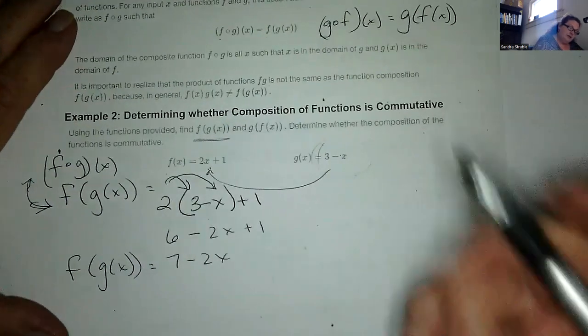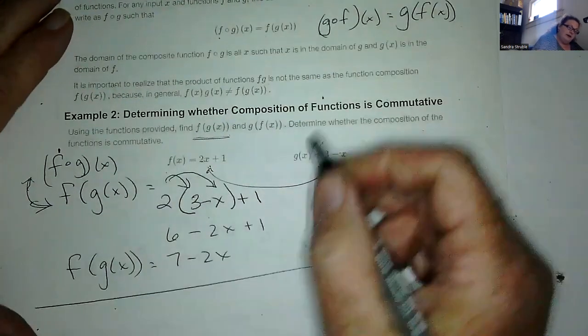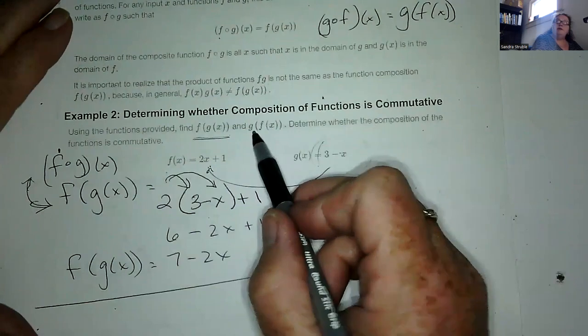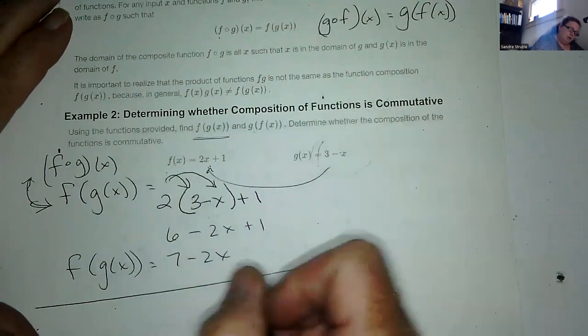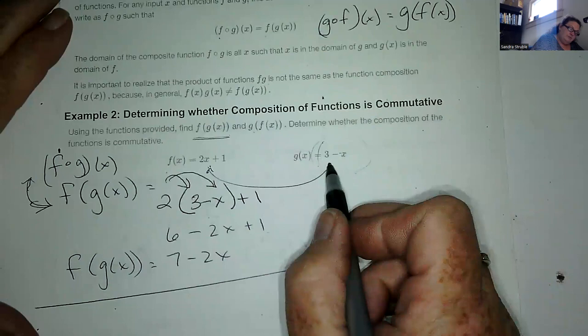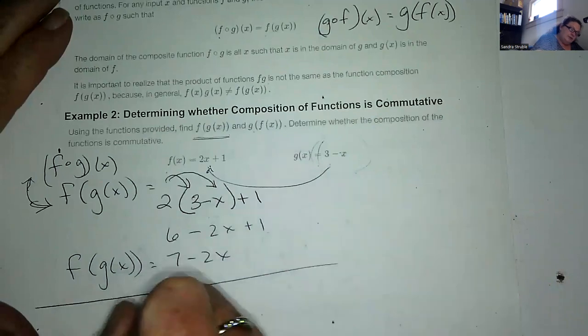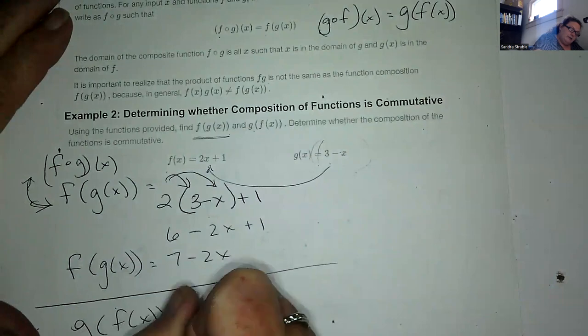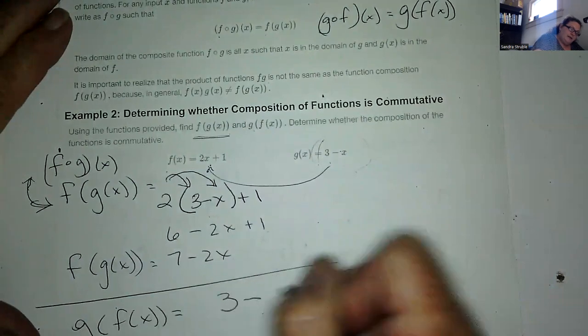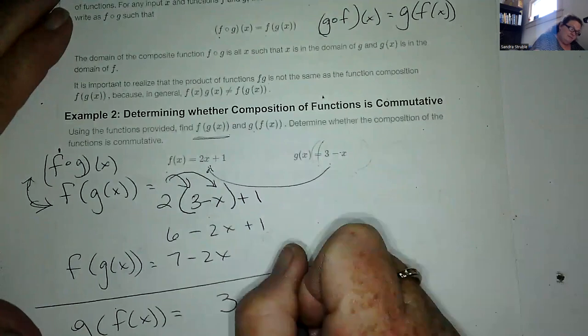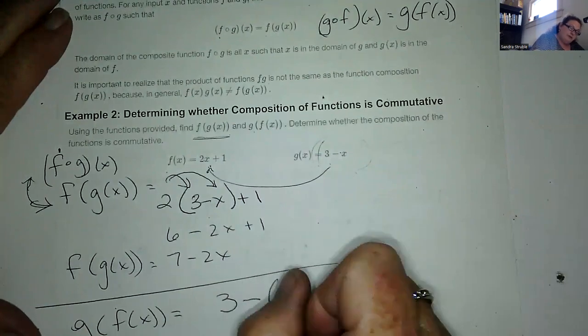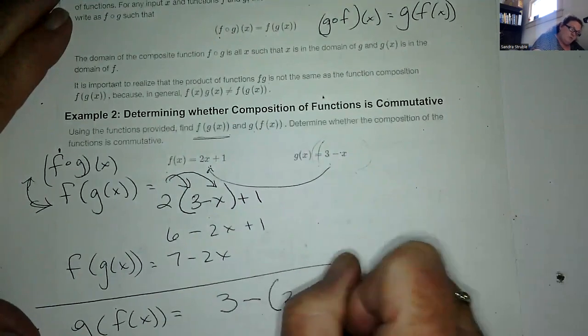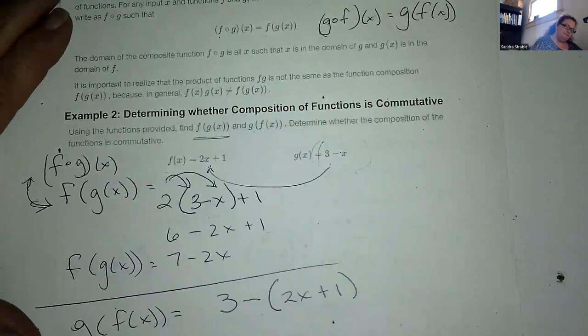I'll try not to. All right, then they wanted us to find g of f of x. Okay, well, g is 3 minus x. So g of f of x is 3 minus whatever f of x is. And I'm going to put it in parentheses so I don't forget to distribute. 2x plus 1. All right.